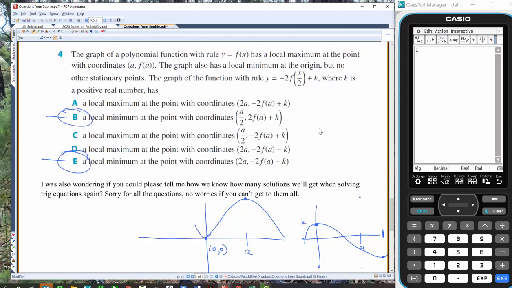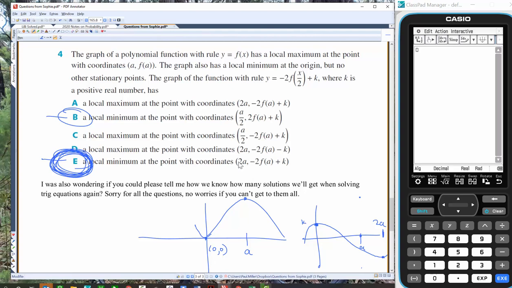All right, now what's our coordinate? This thing here is a dilation by a factor of 2 from the y-axis. So our A value is going to become 2A after being dilated by a factor of 2. So actually the answer has to be E. It's got to be E, okay?